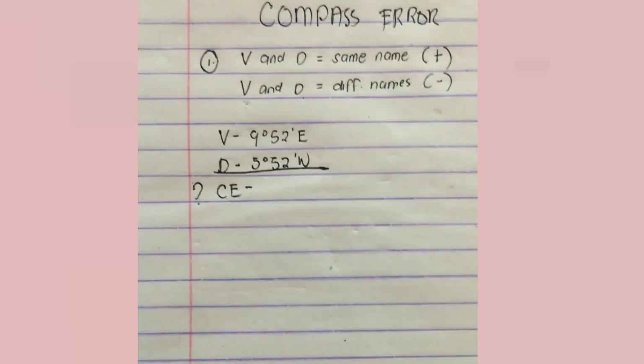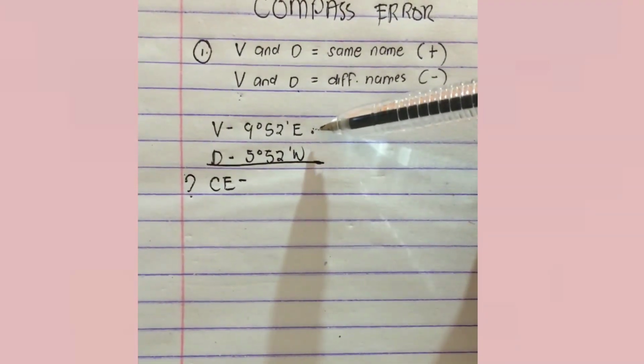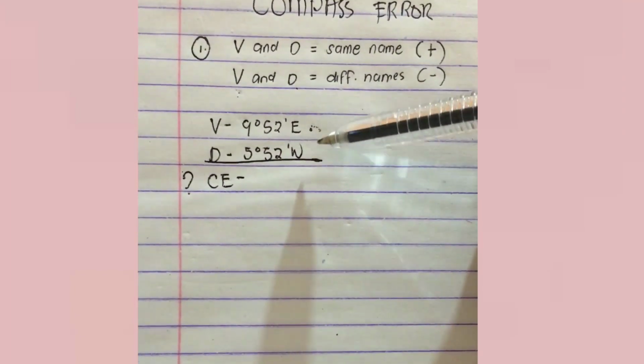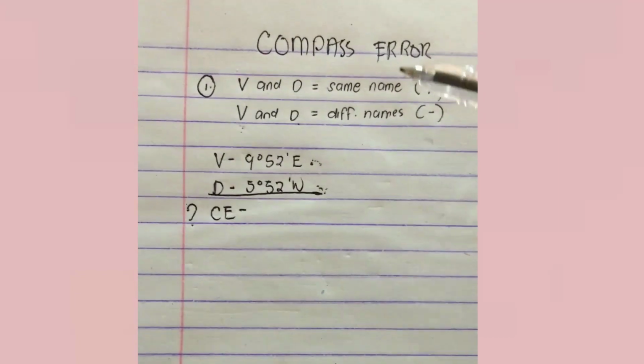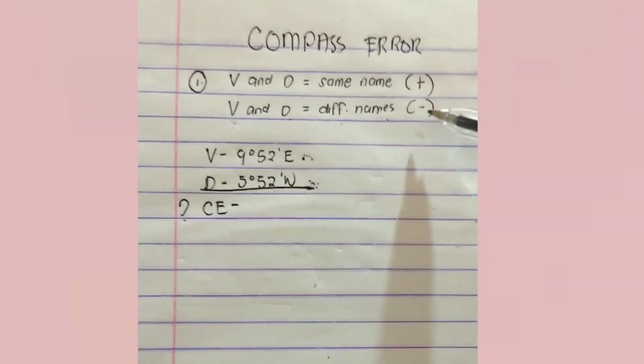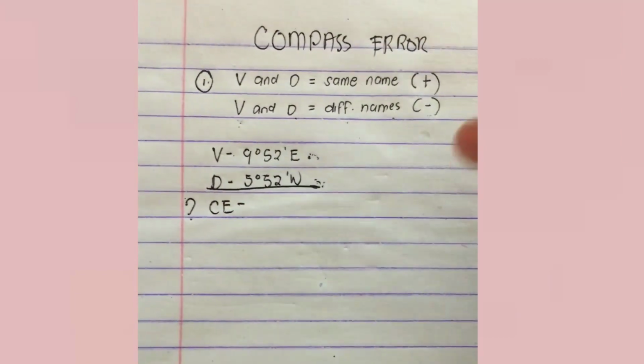What is our compass error? As we can see, the direction of our variation is east and the direction of our deviation is west. According to the rule, if different names, we will subtract. So let's subtract variation and deviation.